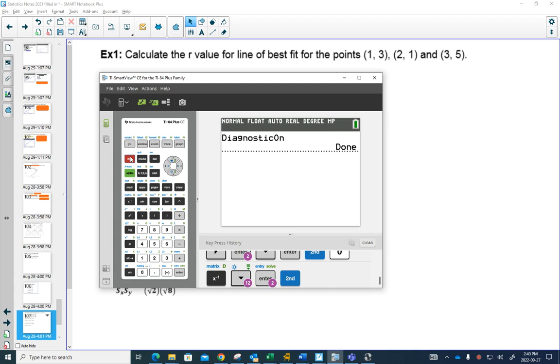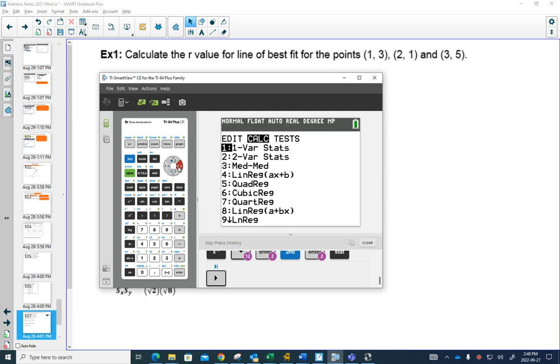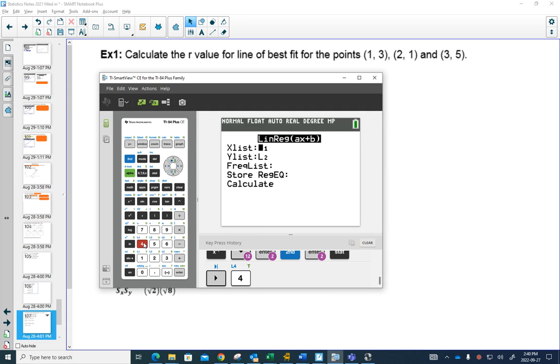And now, if I go stat, calculate, linear regression, and calculate it, it not only calculates the A and the B value, but also tells me my R value and squares the R value as well for R squared.